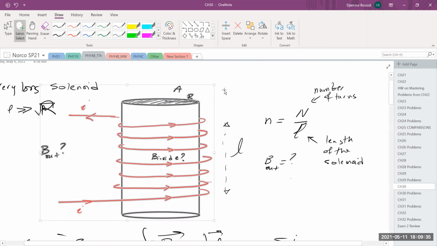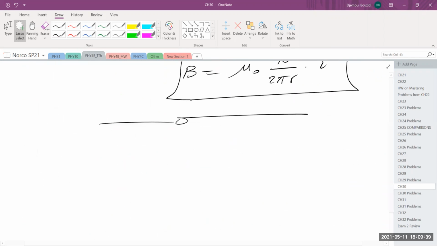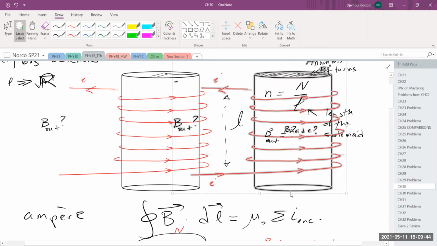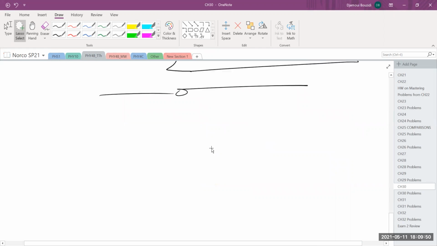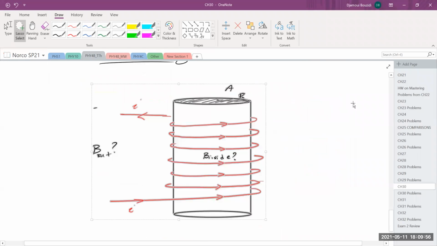Control C, because we need it in here right away. Control V. I want it there. Control Z. I want it in here actually. Okay. So this is the solenoid we have in here. So we know its magnetic field, if I have a current running through it.